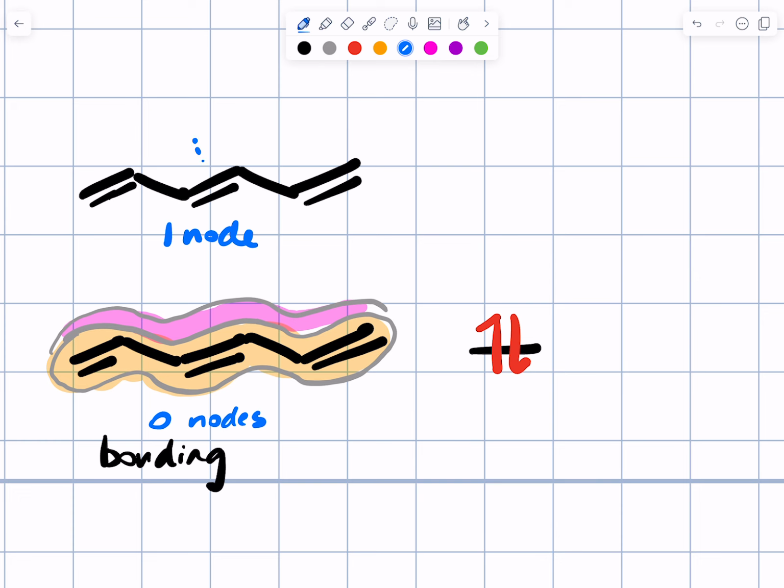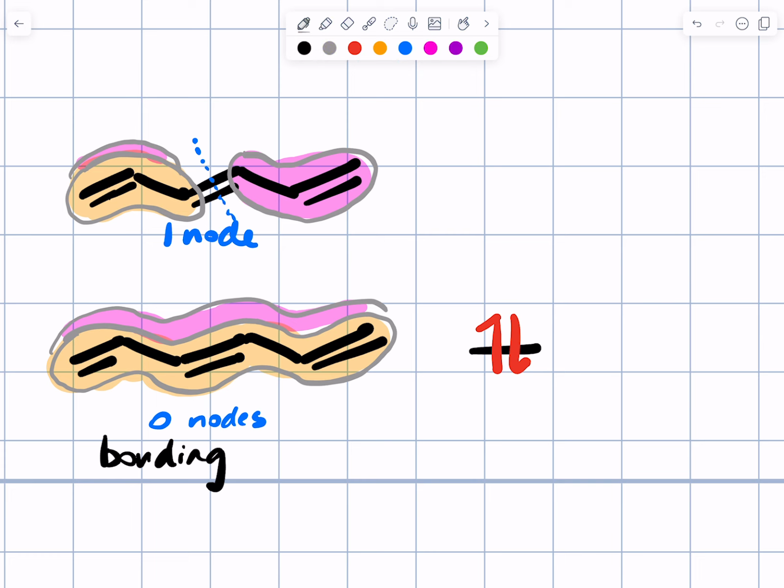The place you can put one node that would be symmetrical is right here between atoms 3 and 4. And so the pi 2 orbital looks like this, with a continuous lobe of electron density on the first 3 atoms, then a switch in wave function sign in between atoms 3 and 4, and then another continuous lobe on the other side.